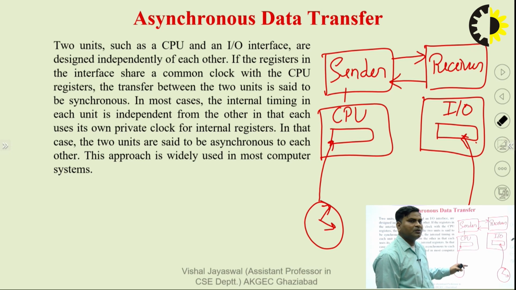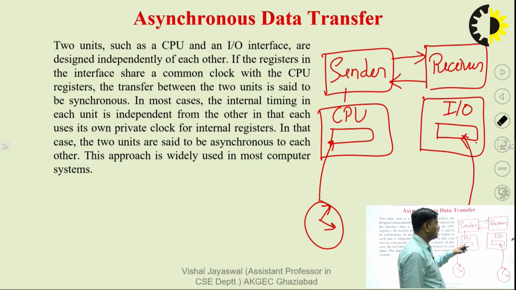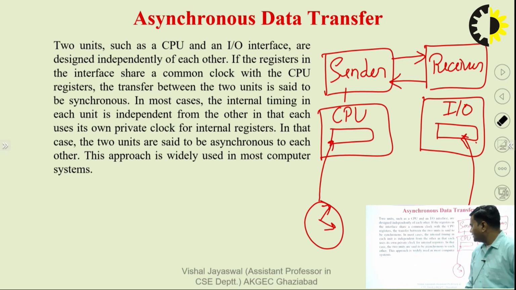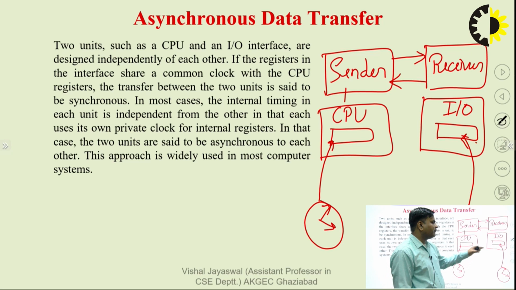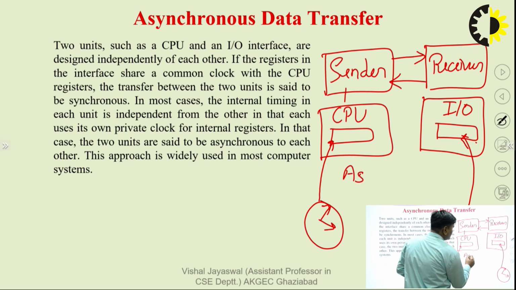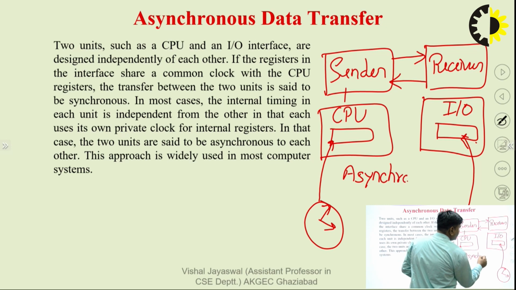Then for synchronization purposes we need some other control signals like strobe and handshaking. This scenario, with one clock for CPU and another clock for I/O devices, is basically called asynchronous data transfer.